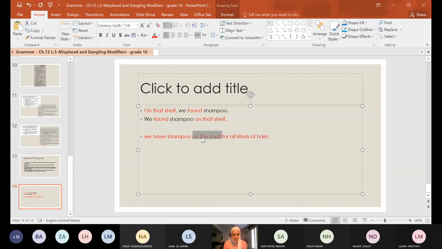Do you understand the difference, girls? Girls, do you understand now? Yes. Here, shampoo on the shelf is for shampoo. Now you understand me? Okay.